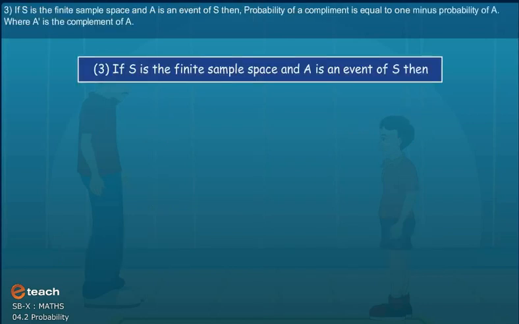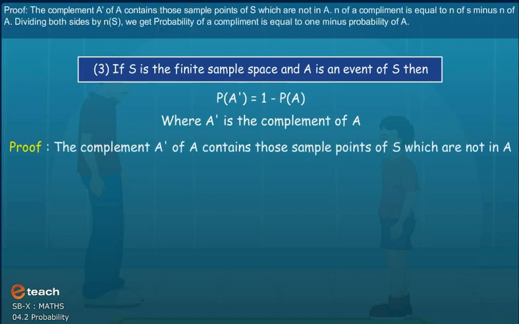3. If S is the finite sample space and A is an event of S, then probability of A complement is equal to 1 minus probability of A, where A dash is the complement of A. Proof: The complement A dash of A contains those sample points of S which are not in A. n(A complement) is equal to n(S) minus n(A).